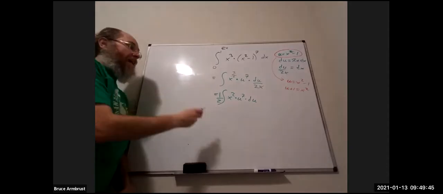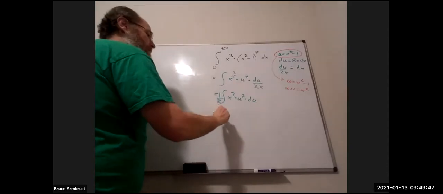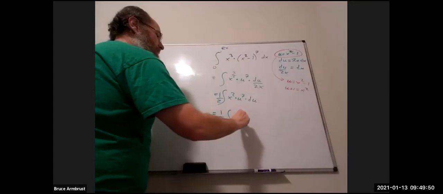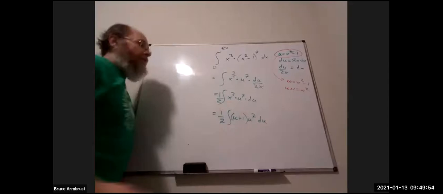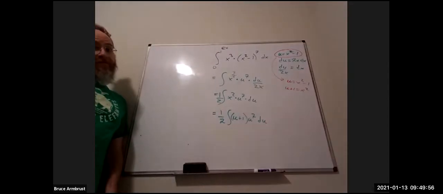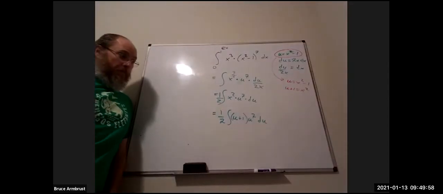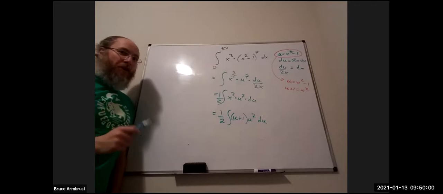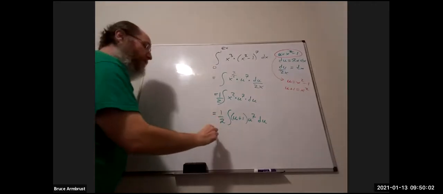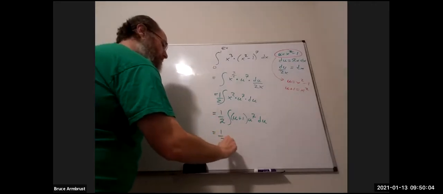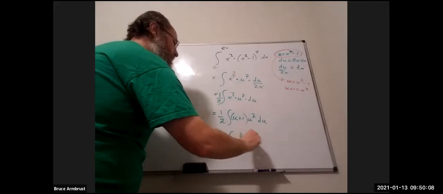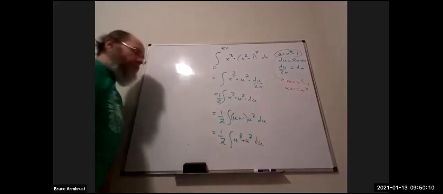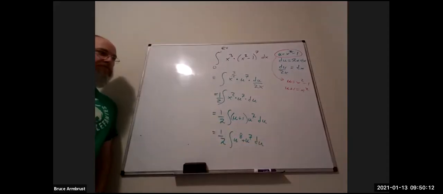And if I put that in, now everything is in terms of u. And it's also not that bad to integrate, because if I distribute, I have u to the 8th plus u to the 7th.